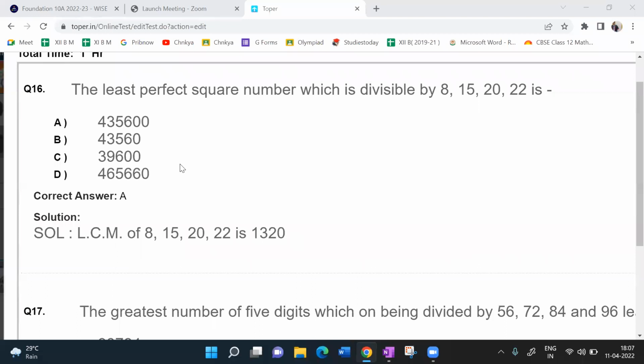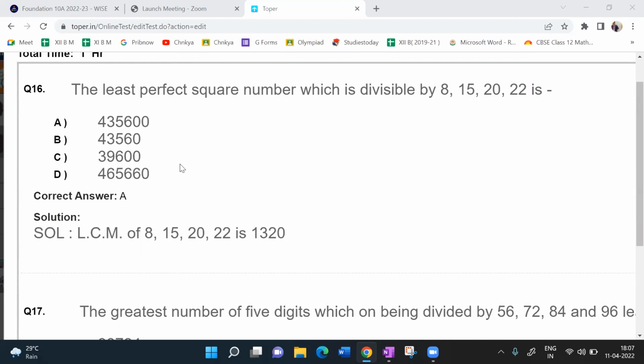Guys, are you able to understand? If the question talks about the largest number, you have to use HCF. He's talking about the least perfect square divisible by these numbers, which means you must find the LCM of the numbers given to you.